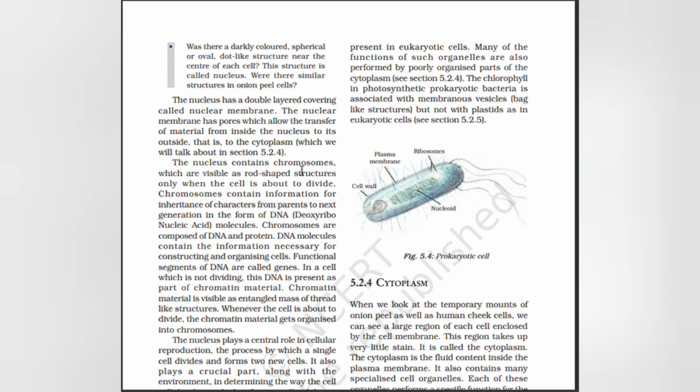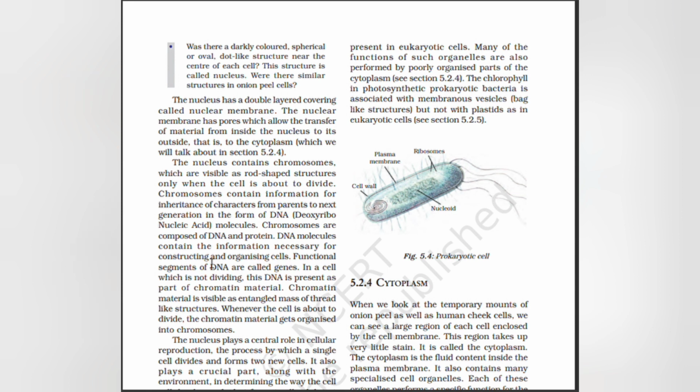The nucleus contains chromosomes, which are visible as rod-shaped structures only when the cell is about to divide. Chromosomes contain information for inheritance of characters from parents to the next generation in the form of DNA molecules. Chromosomes are composed of DNA and protein.